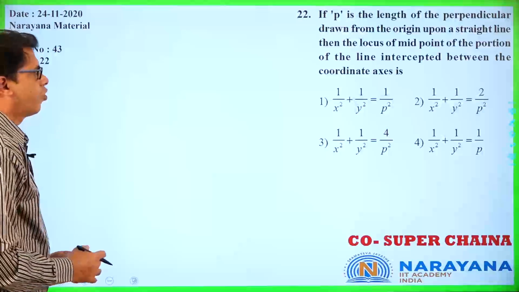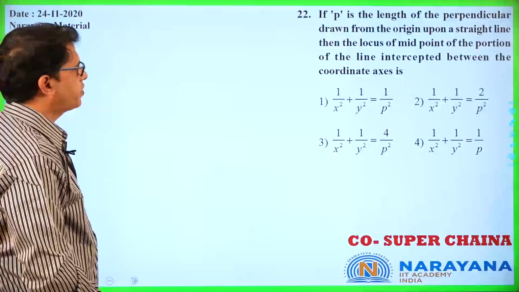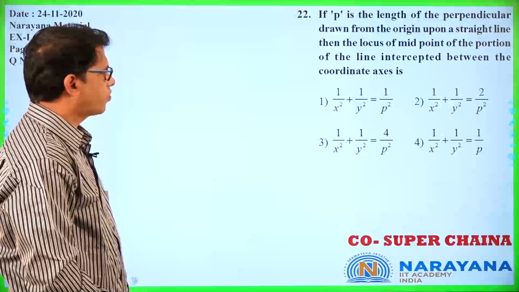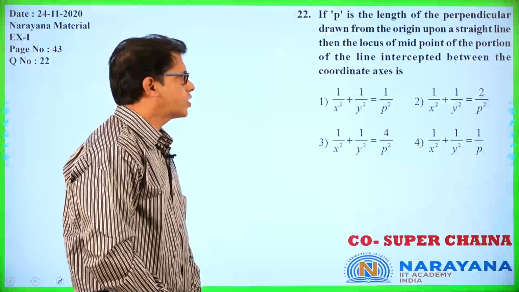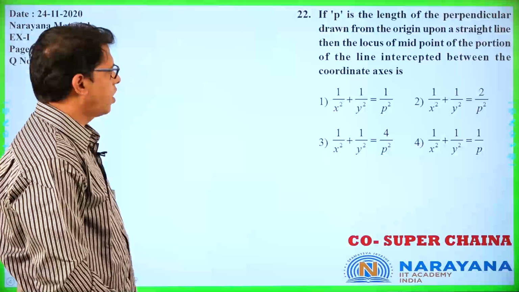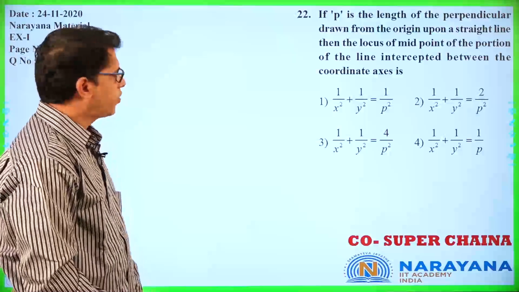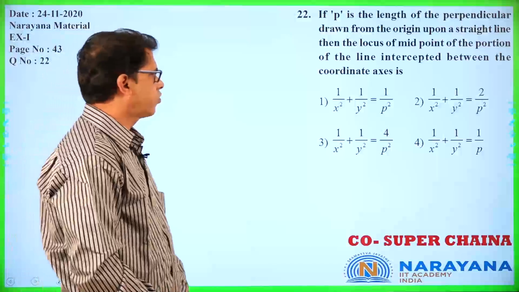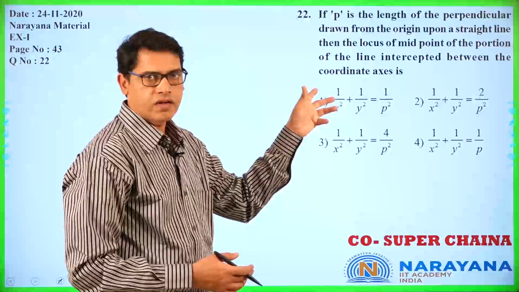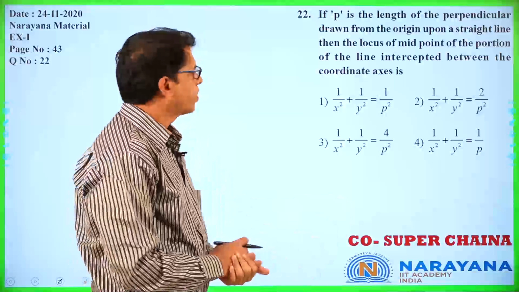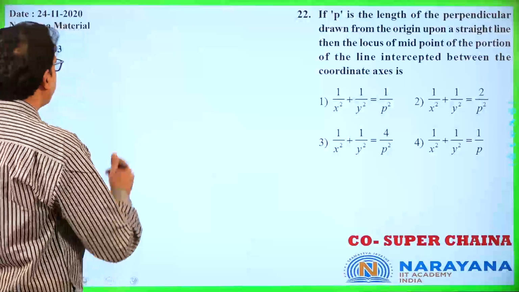Here, go through the question. If P is the length of the perpendicular drawn from the origin upon the straight line, then find the locus of the midpoint of the portion of the line intercepted between the coordinate axes. Just extract the data and put it in the graph. So what is the given data?